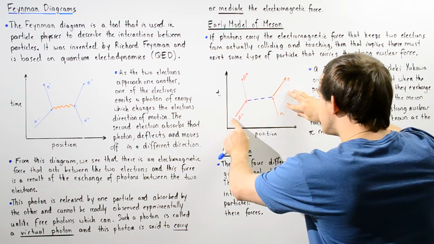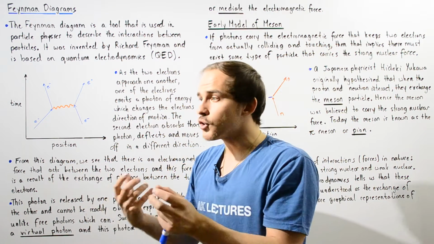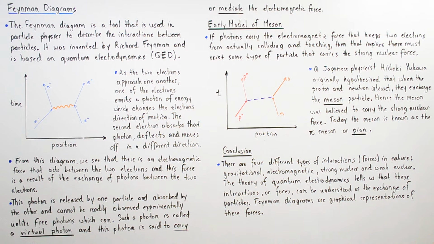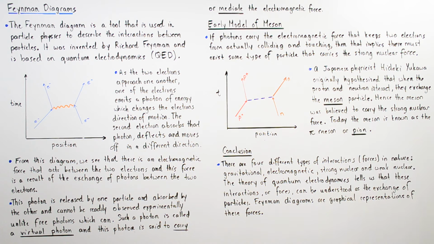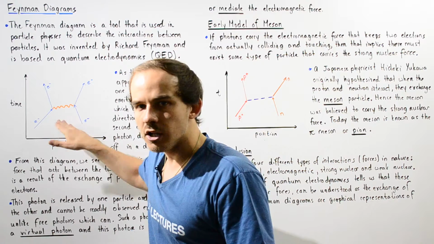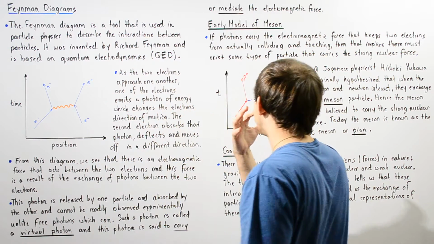So we have the proton and neutron, our two nucleons that feel a strong nuclear force when they get very close to one another. So we see that a Japanese physicist by the name of Hideki Yukawa originally hypothesized that when the proton and neutron interact with one another, they exchange a particle in the same way that these two electrons exchange a photon.